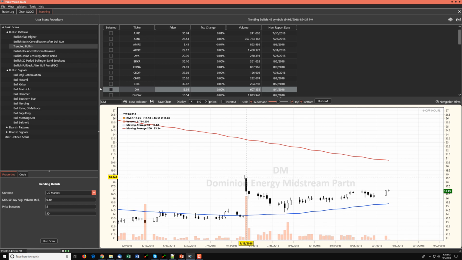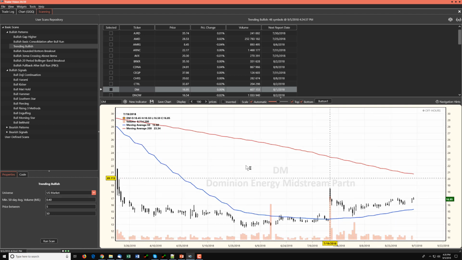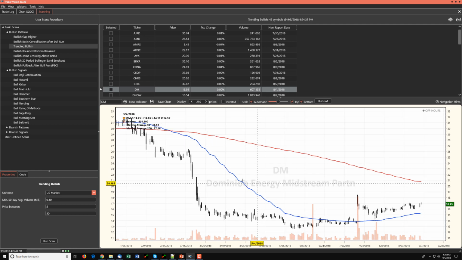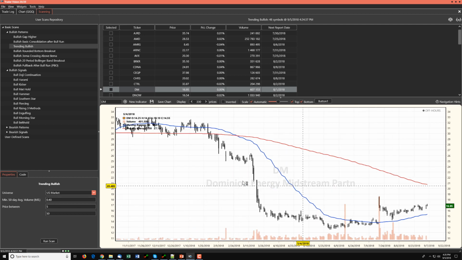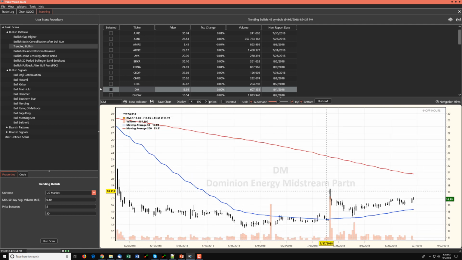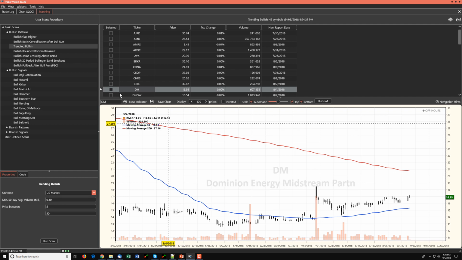So that's a decent little first stop with a second target up here around the 200. And that looks marginally right there. So I would say that one's something worth keeping an eye on.